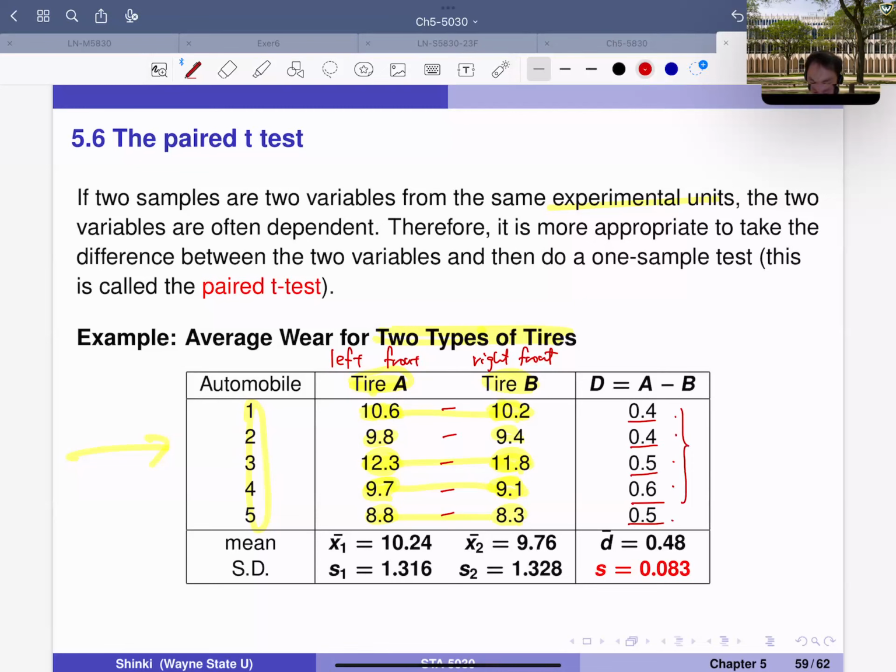So basically, we calculate the average. This is the mean of difference. And standard deviation of these 5 observations. Then we can do the one sample t-test. So that is called the paired t-test. So paired t-test is basically the one sample t-test.